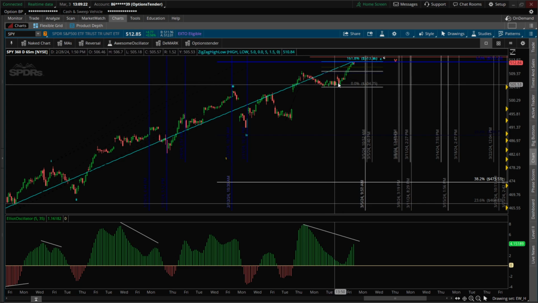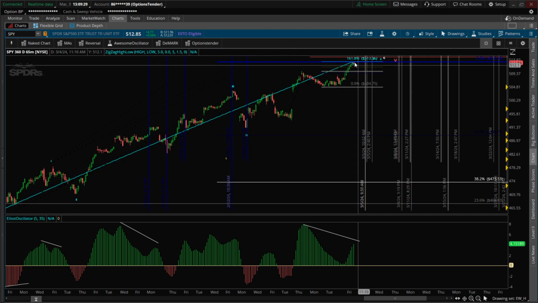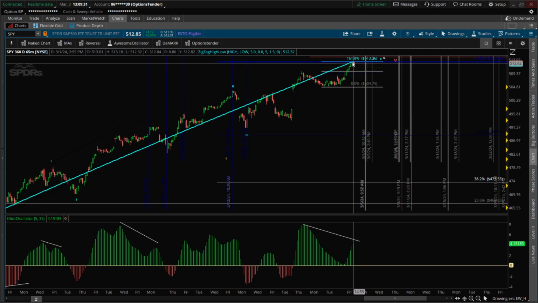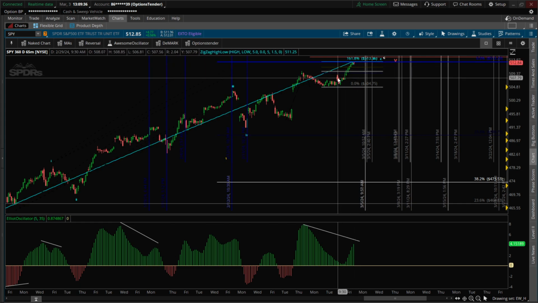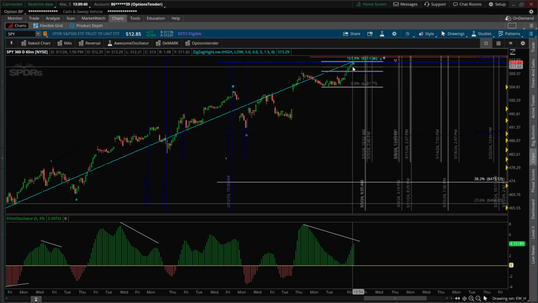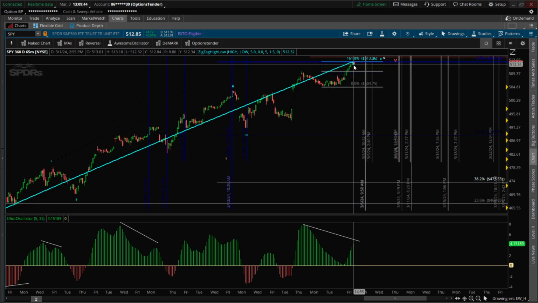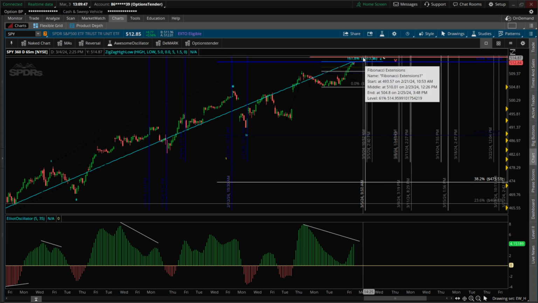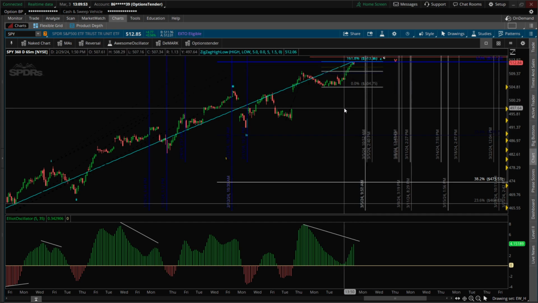We have clearly a 1, 2, and we have a wave 3. We don't have any sort of correction here, so I believe we have a little correction going for wave 4. However deep it goes, maybe it crosses back over this, but if we take out the lows, this is all invalidated, and then I think our correction has actually begun. But you get a correction in here, and you have some targets to finish off next week sometime up here, and I'll show you those targets in just a second.